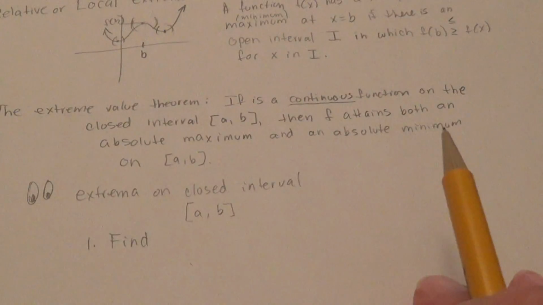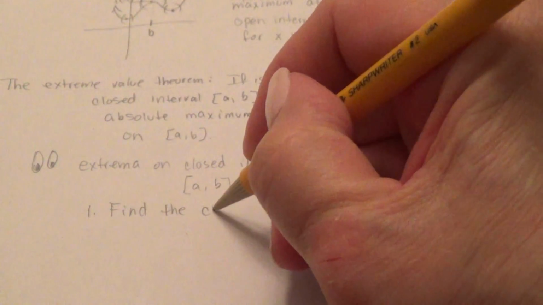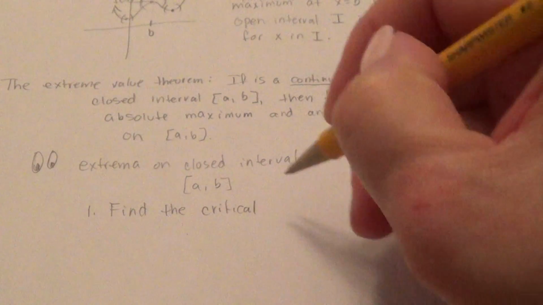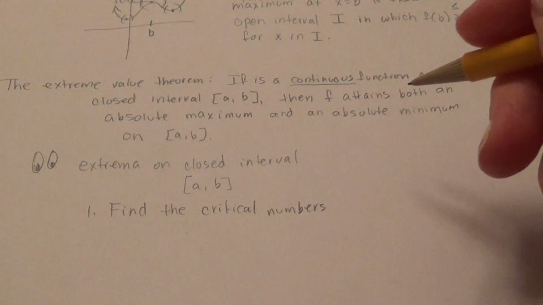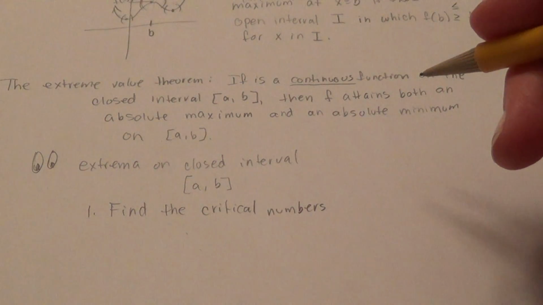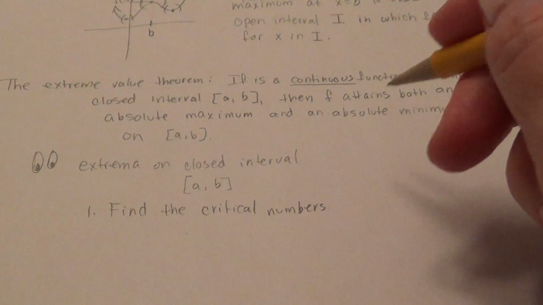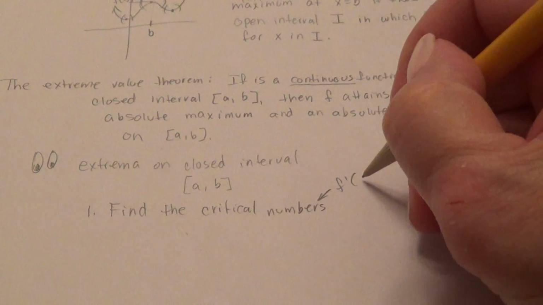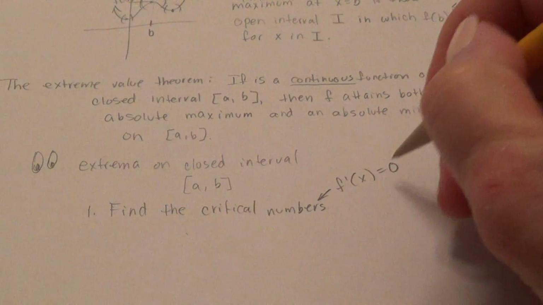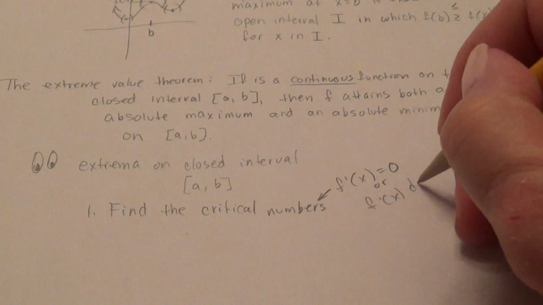To look for the extrema, we're going to find the critical numbers. The critical numbers are places where the derivative, not the function, is either 0 or the derivative doesn't exist.